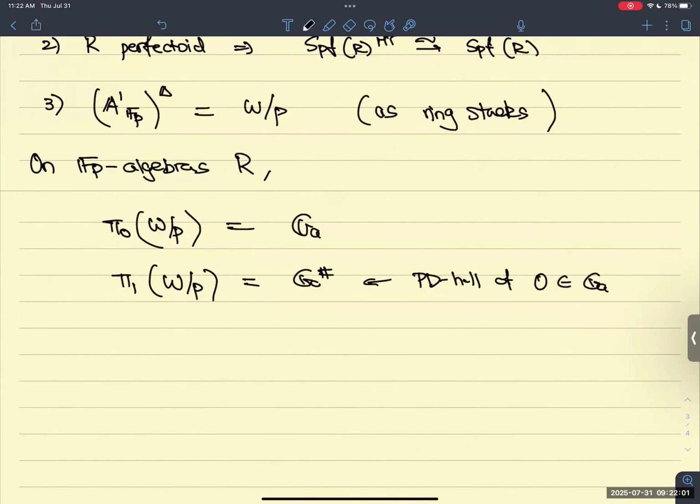And these are not just stacks, but ring stacks or other modules. So pi 0 of a ring stack is a sheaf of rings. And in this case, the sheaf of rings is just GA, the functions. And pi 1 of the ring stack is going to be a module over the sheaf of rings. And it's just the obvious way in which GA acts on GA sharp.